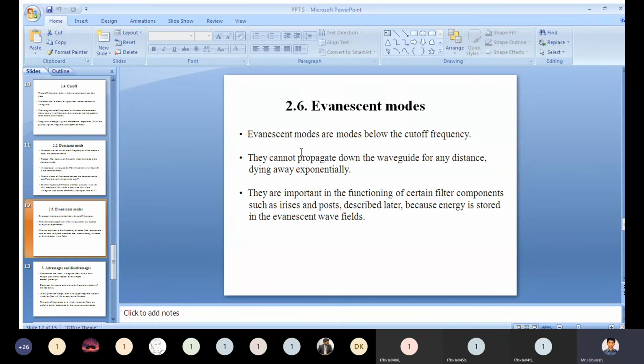However, they are important in the functioning of certain filter components such as irises and posts described later, because energy is stored in the Evanescent wave field. So these are the basic concepts of a waveguide filter.